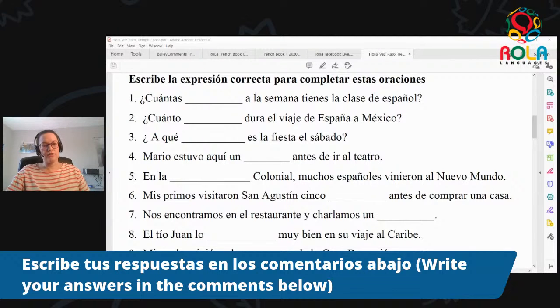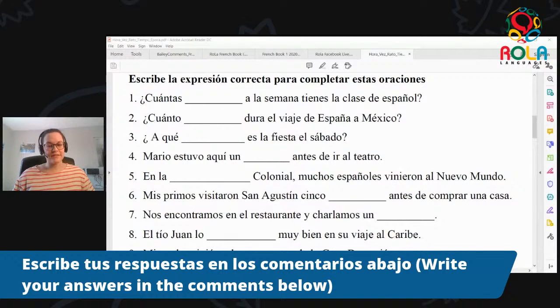So Mario estuvo aquí un rato antes de ir al teatro. So Mario was here for a while before going to the theater. So this one we'll use rato. The word un helps you guess that rato is the best choice because rato is masculine singular, and often when we say a while, we would use a word like un.